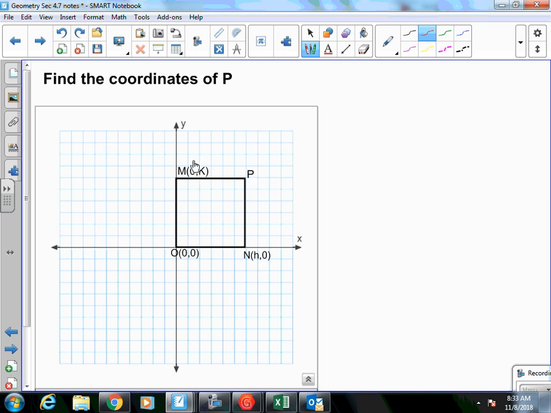But what we have to keep in mind is this point P is on a horizontal line with point M, right? And so if they're on a horizontal line, then P and M both share what coordinate? What coordinate would be the same for both of those points?